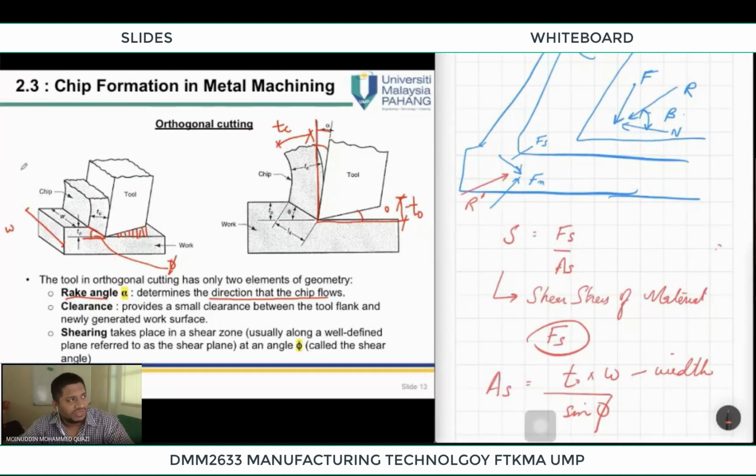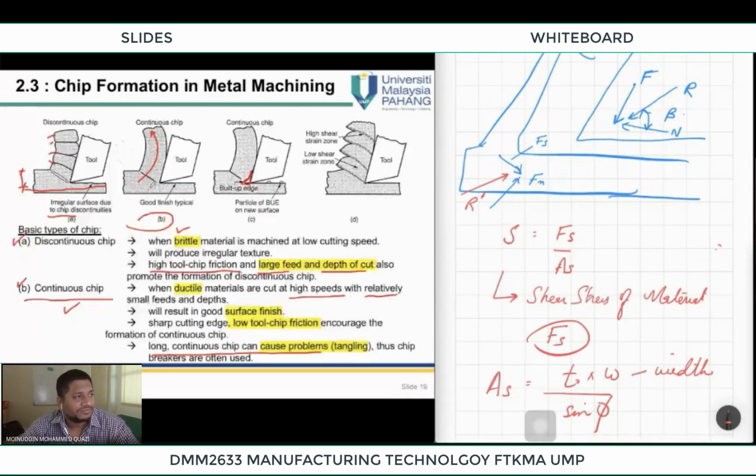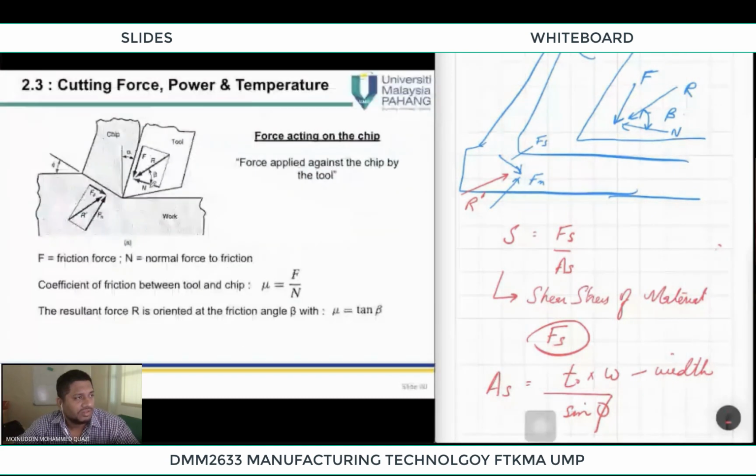So the shear plane area will be W multiplied by T naught divided by sine phi, because it makes an angle. These are some of the formulas for you to learn.